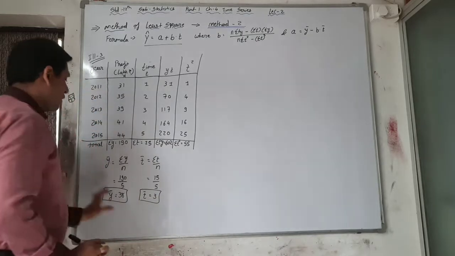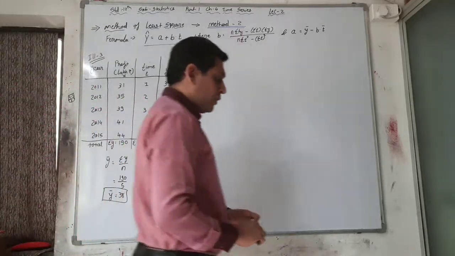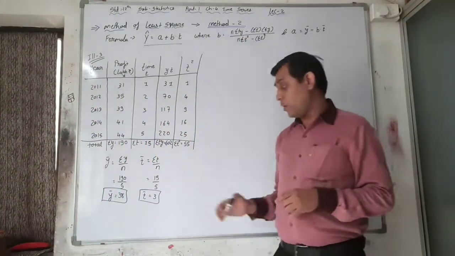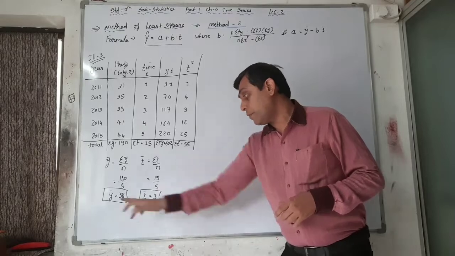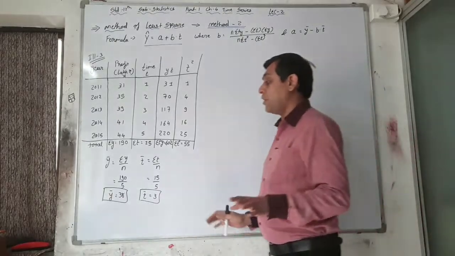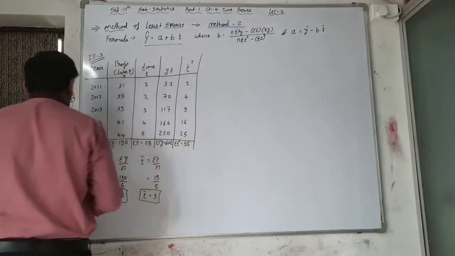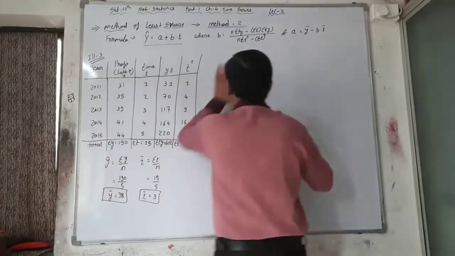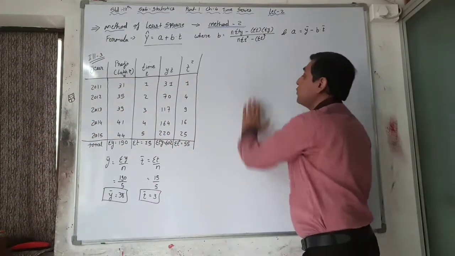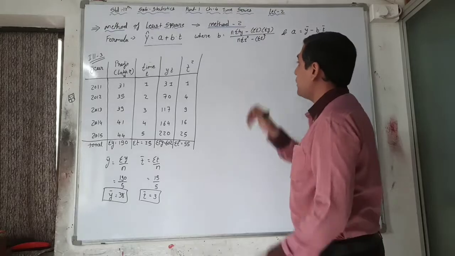Y bar is equal to 38, t bar is equal to 3. It can be an integer or a fraction. We don't have to hesitate because we have only one formula, right? So we will put all the values in this formula.